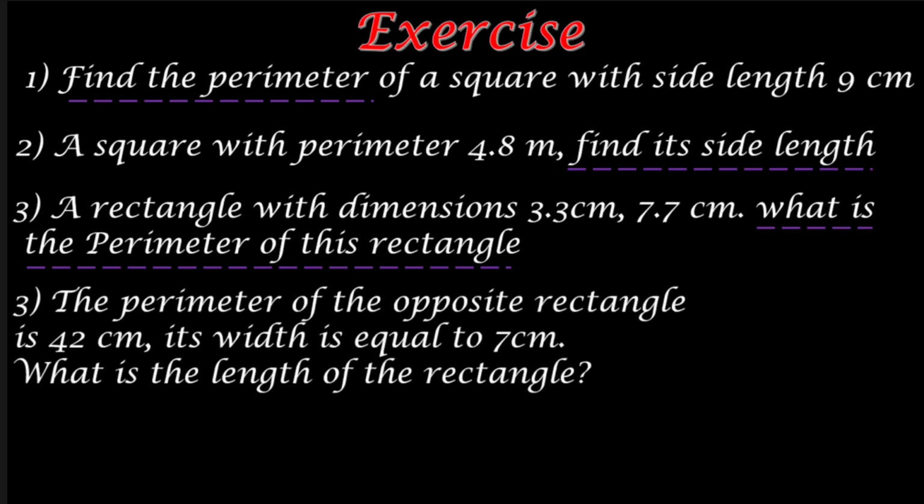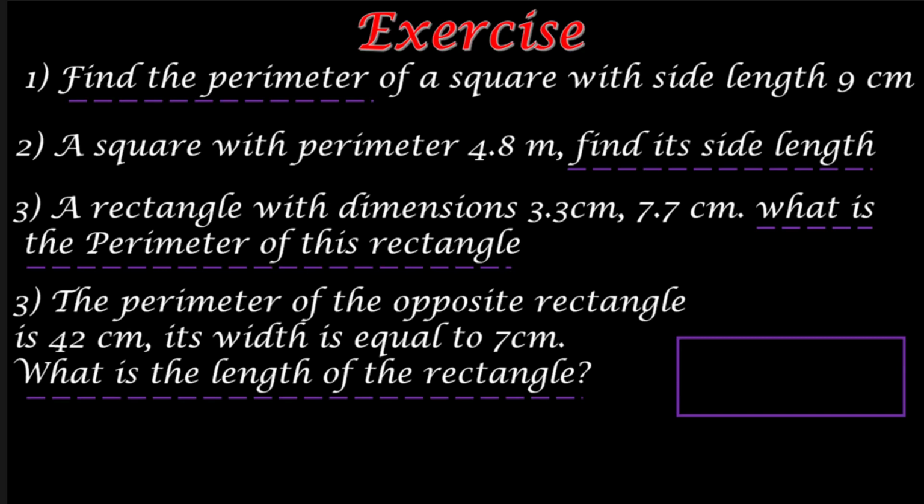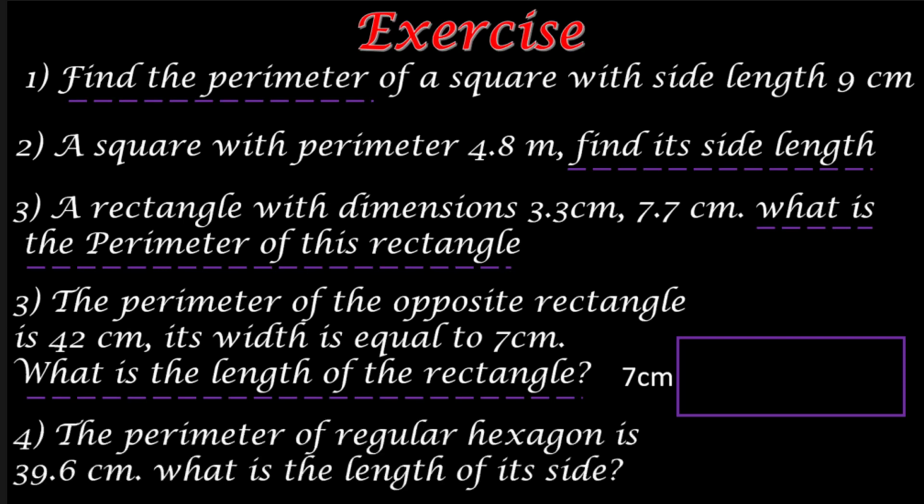Number 4, the perimeter of the opposite rectangle is 42 centimeter. Its width is equal to 7 centimeter. What is the length of the rectangle? Number 5, the perimeter of a regular hexagon is 39.6 centimeter. What is the length of its side?